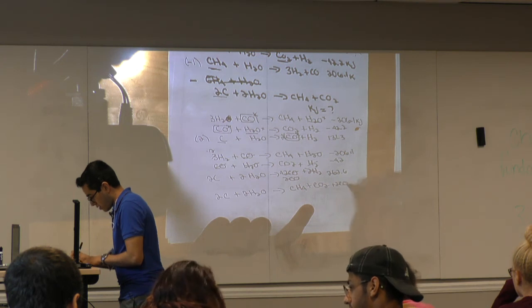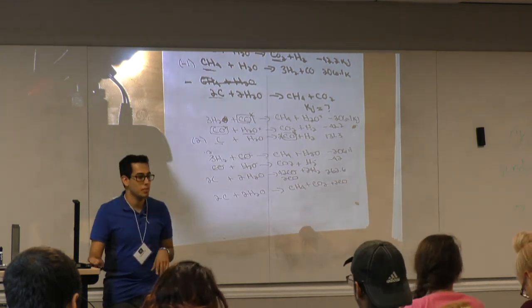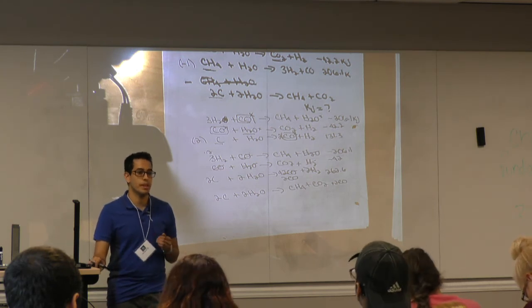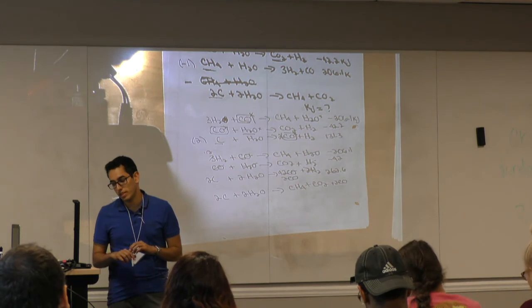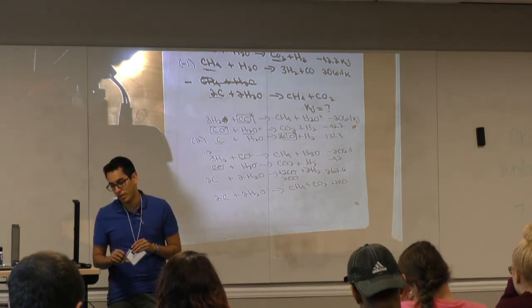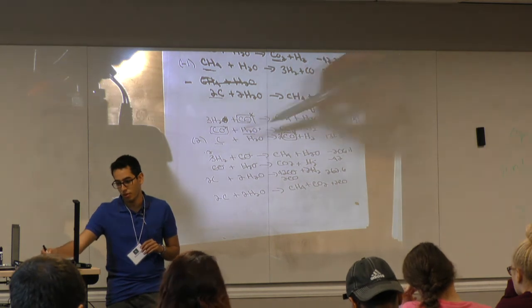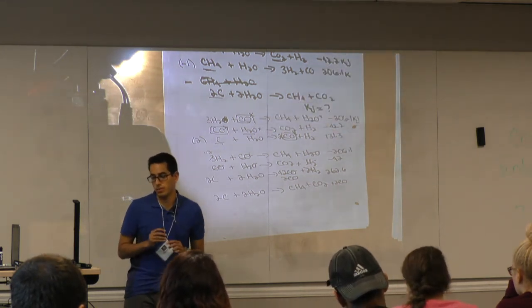Okay, so we still have a problem here. We're almost done, but not quite, because now we have everything where we need it, but we're still left with 2CO at the end that we need to get rid of. So we have what we're looking for, 2C plus 2H2O, CH4 plus CO2.